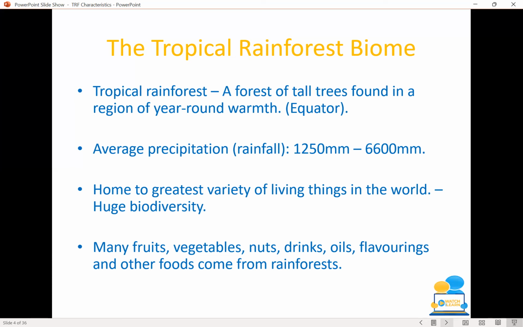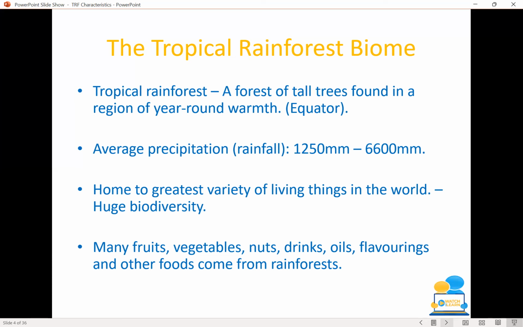That's what gives it its name, of course, of the rainforest, and it produces, as I said already, a huge amount of its own rain. We're going to be looking at how that happens in a little more detail as we go further along the slides. It is also home to the greatest variety of living things in the world.